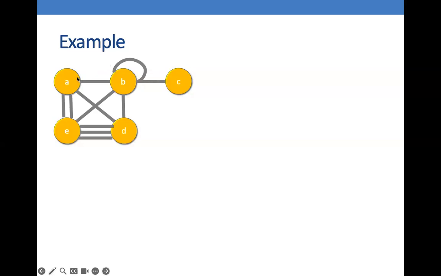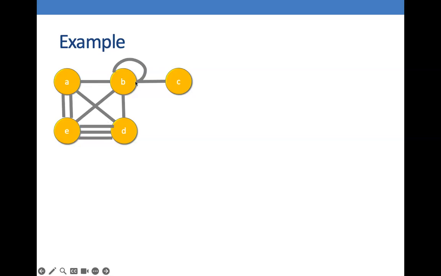In this example, we have 5 nodes or vertices: A, B, C, D, and E. Compared to the previous example, this one is a multigraph since there are multiple edges connecting the same vertices. Let's say A and E are connected by two edges, and E and D are connected by 3 edges.